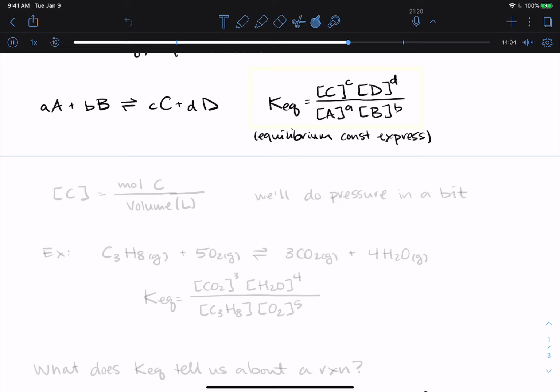So this is the expression. Let's put a little highlight box around this that you will need to write for a specific reaction.